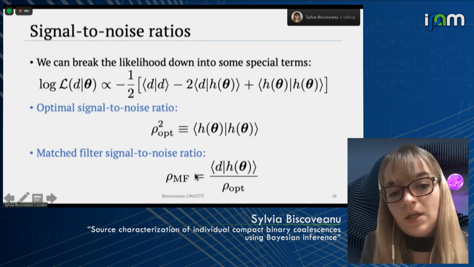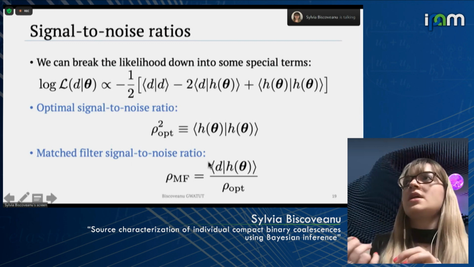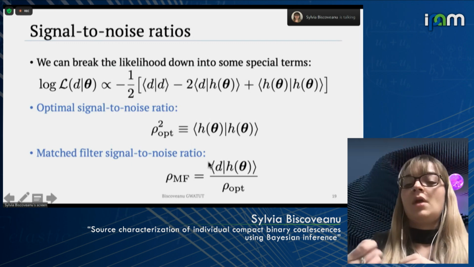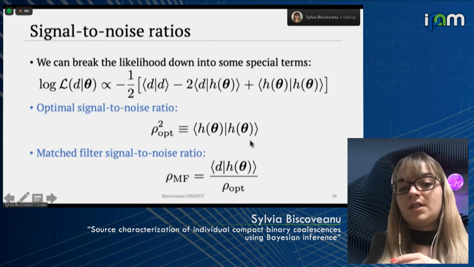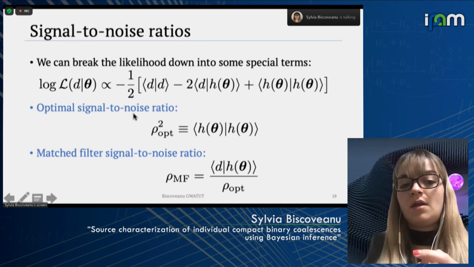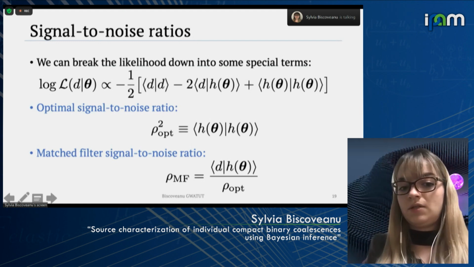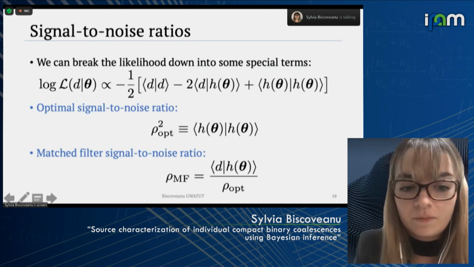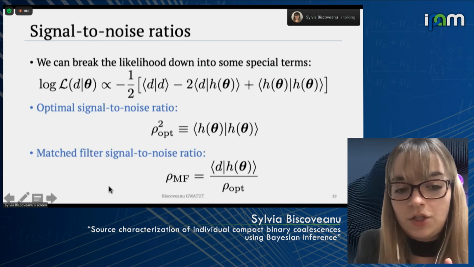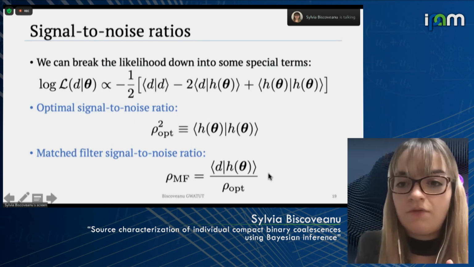And this quantity is a Gaussian about the optimal signal-to-noise ratio. Because of the noise, in some cases, you might end up with a signal that you think is louder than it really would be in the absence of noise, just because of the particular noise fluctuation. And in some cases, it might end up being softer. So these, again, are just useful ways to quantify how loud the signal is in the detectors.